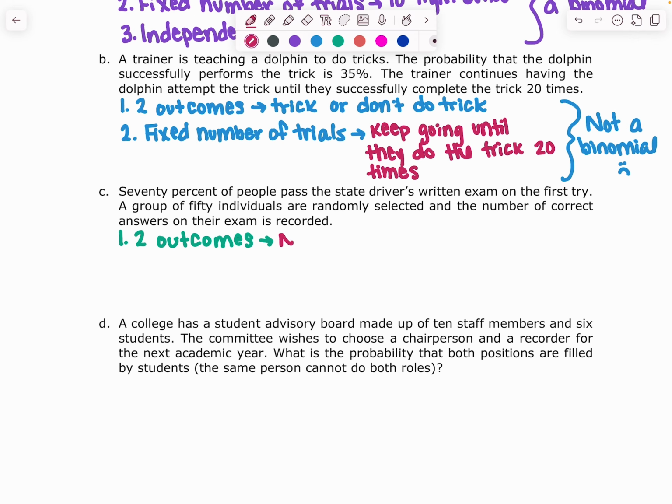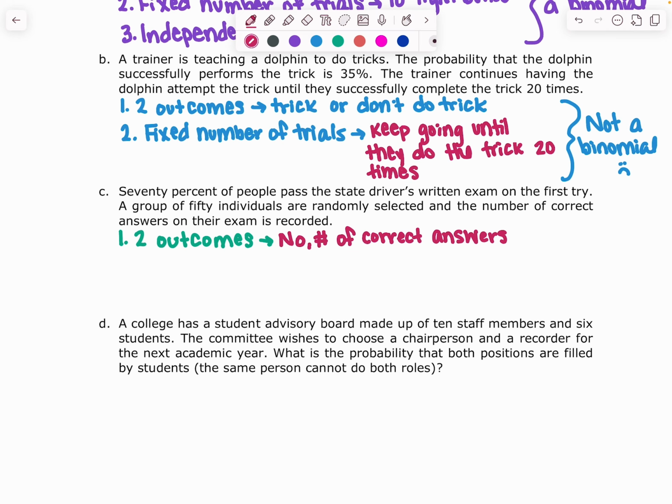Right away, no. We are recording the number of correct answers, and depending on where we are, that could be anything from 0 to 10, 0 to 20, 0 to 30.